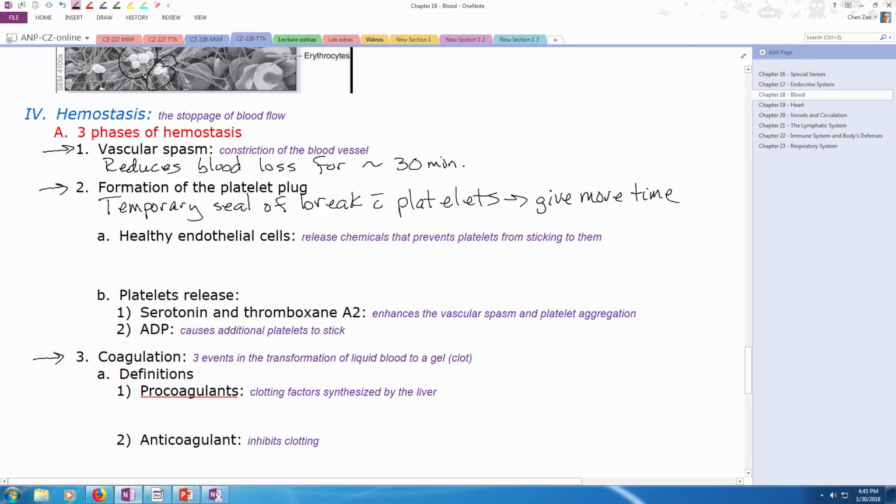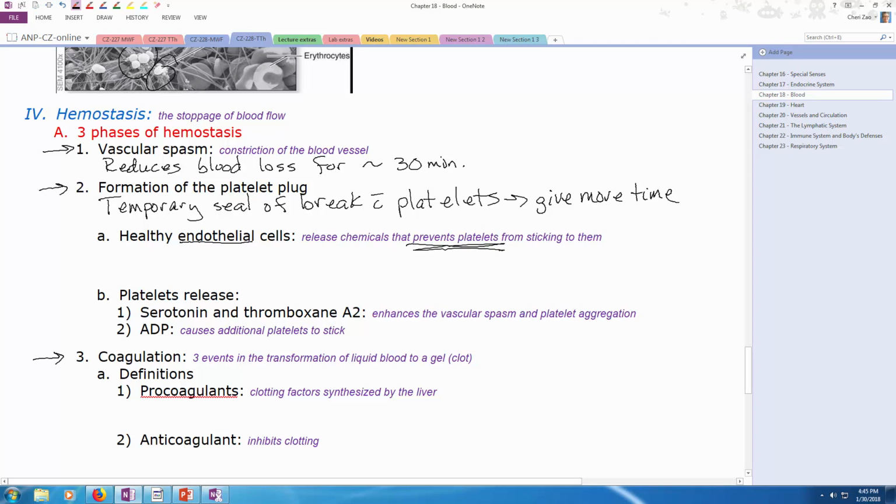So when you cut across a blood vessel, you have cells on the lining of any blood vessel that are called endothelial cells. So endothelial cells are in all of your blood vessels, whether you're an artery, capillary, or vein. Every single cell on the inside is called an endothelial cell. What's important is when they're healthy, they actually release chemicals that prevent platelets from sticking to them.